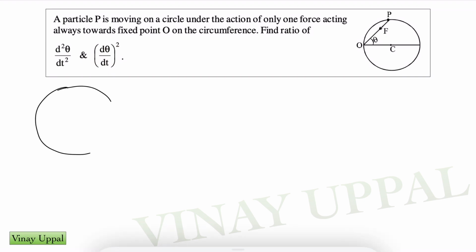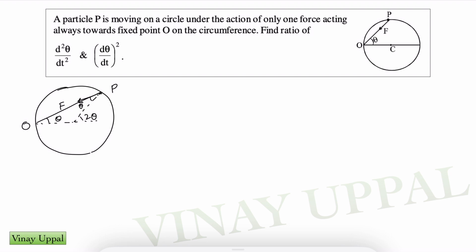So in this circular motion, let's say the particle is here at some instant, and the force is directed from the particle to O. Let's say this angle is theta. So then obviously this is 2 theta.